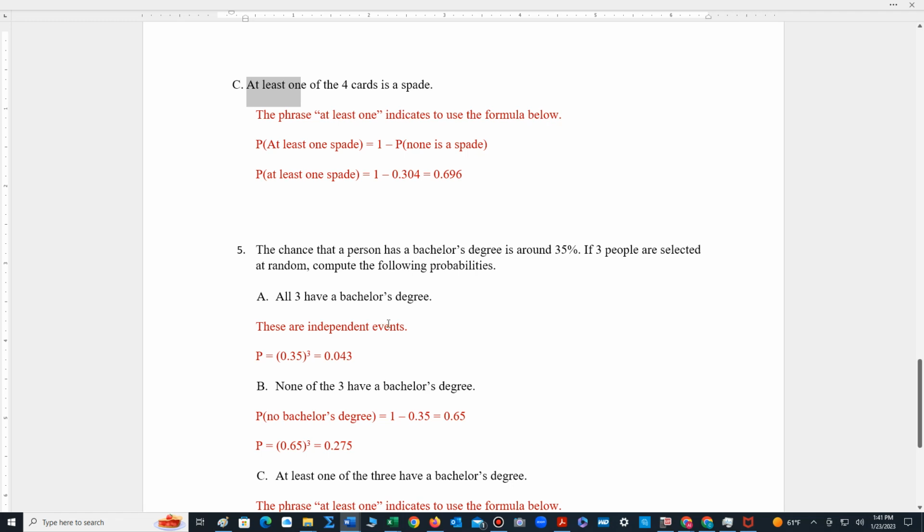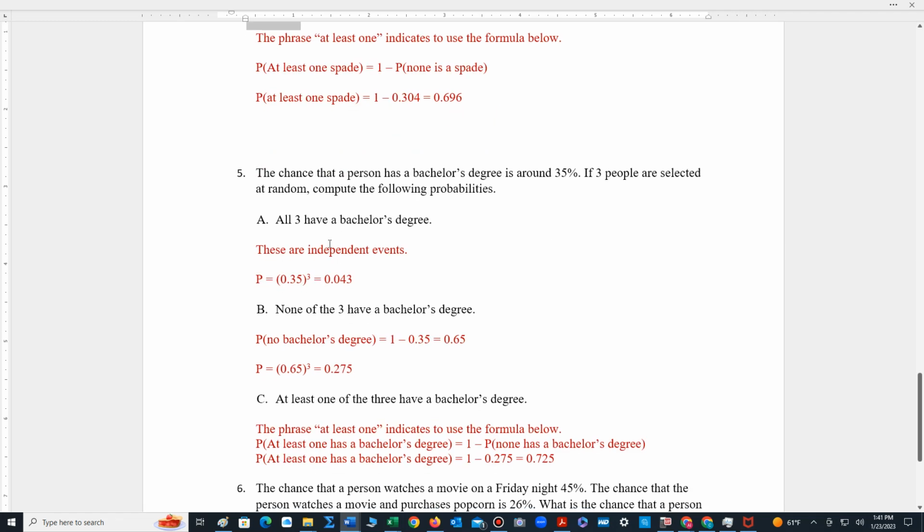The events are independent, meaning the probabilities remain the same per selection. So if we're picking 3 people that have a bachelor's degree, then each person will have the same probability, 0.35. We raise it to the 3rd power. That's a quick way of calculating this because it's really 0.35 times itself 3 times. And we're going to get 0.043 as the answer.